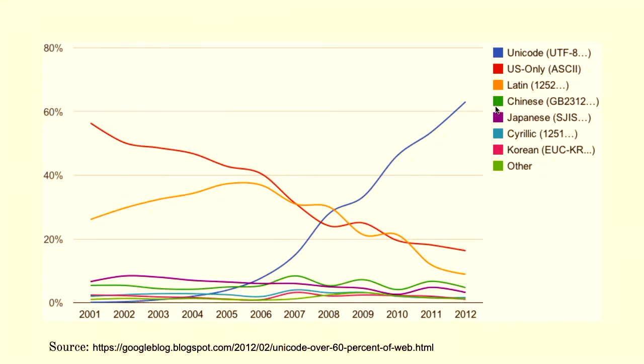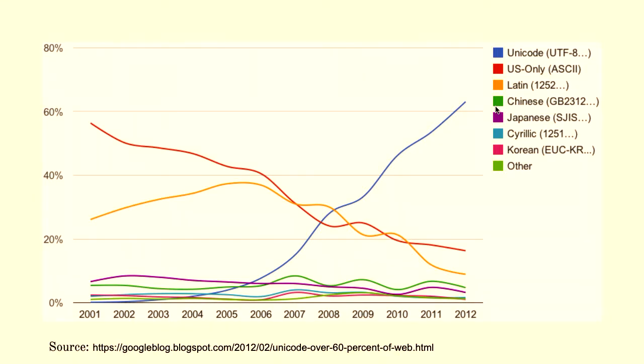This is an interesting graph from Google about how Unicode has changed over the years. From the early days of the internet, we can see that Unicode wasn't recognized in the first place. But as the internet grows, the usage of Unicode also grows.